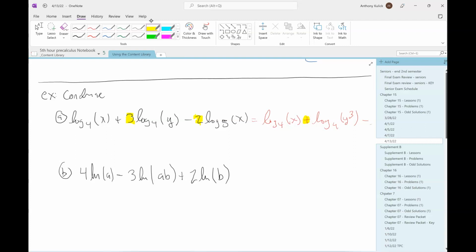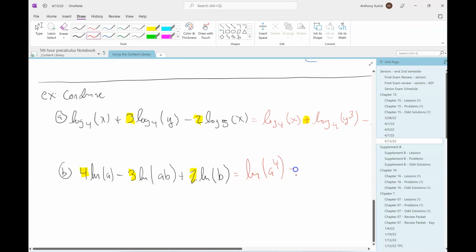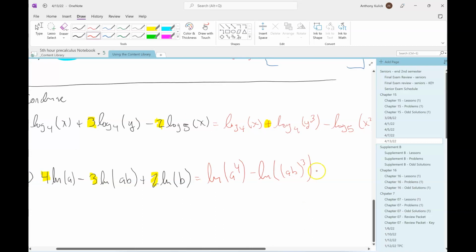How many? 3. So I'm going to have natural log of a to the 4th minus natural log of (ab) to the 3rd. Notice the parentheses there, and then the natural log of b squared.